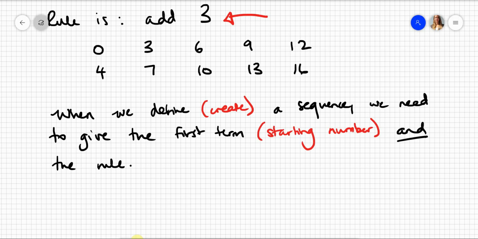So make sure you've got that copied down, please. You should have everything so far copied down as usual, so if you haven't, rewind the video please to do so.